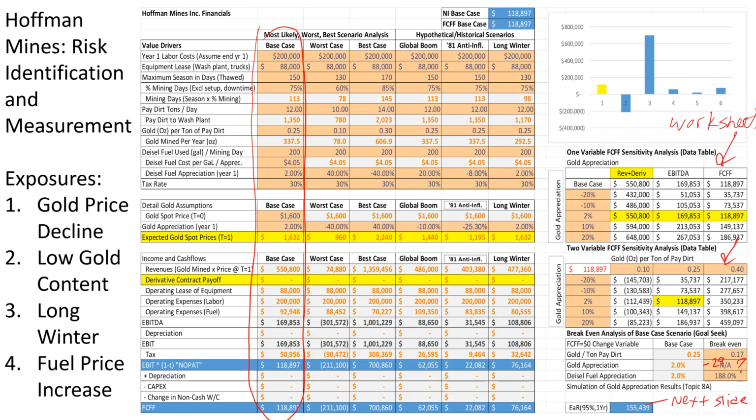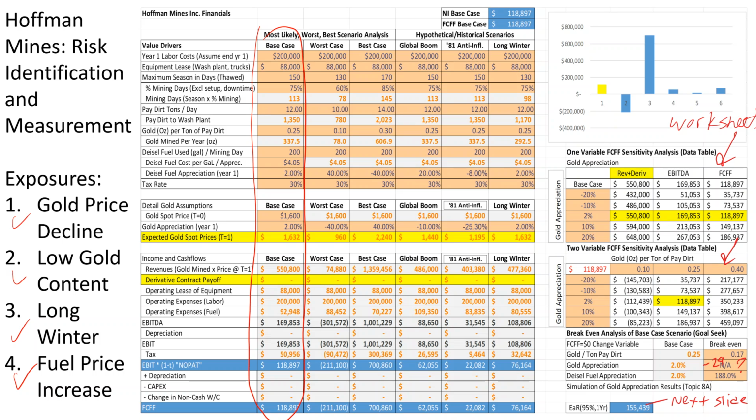And I've identified 4 main risks for gold mining. That would be a decline in gold prices, low gold content, so the location you've selected doesn't have a lot of gold in the ground, a long winter, which makes the ground hard and you won't be able to mine as many days, and an increase in fuel prices.